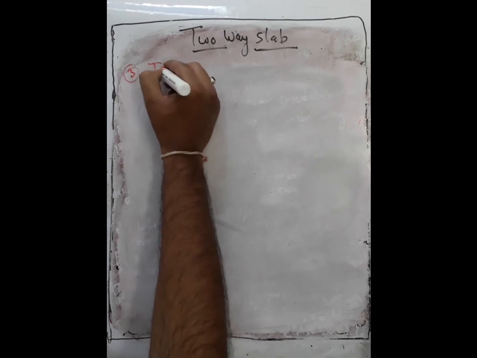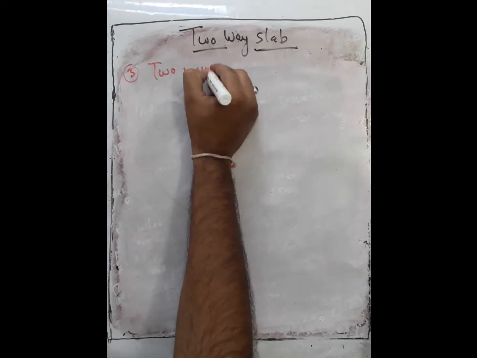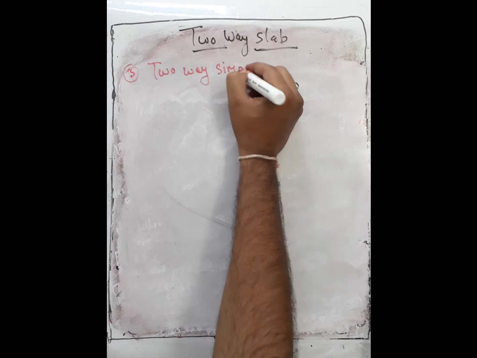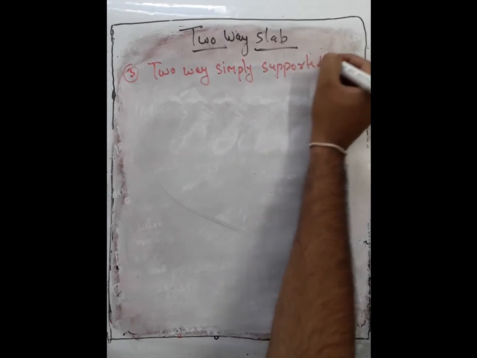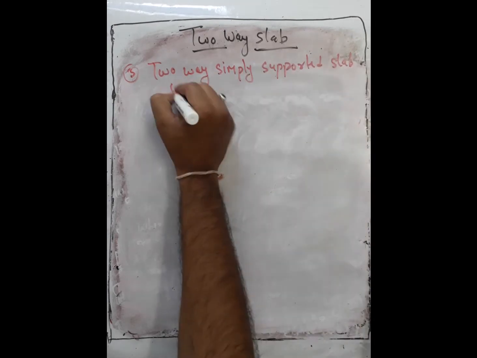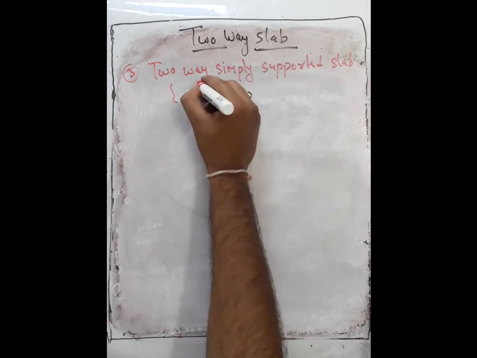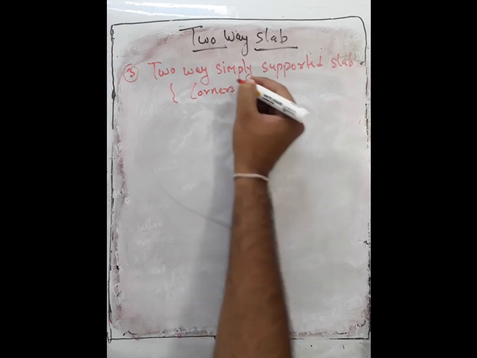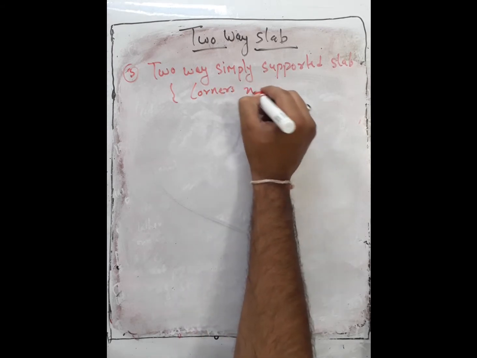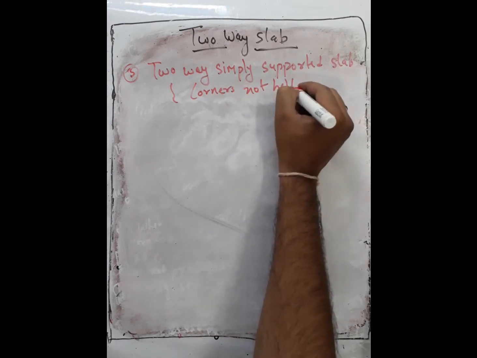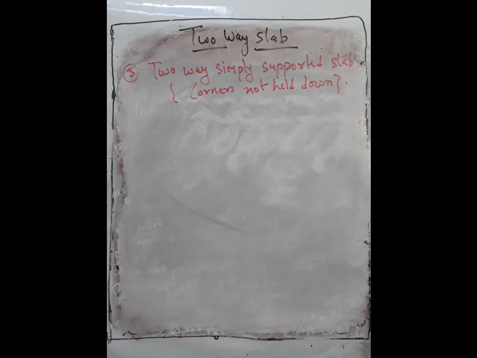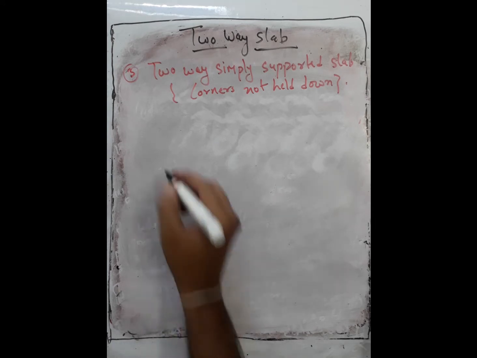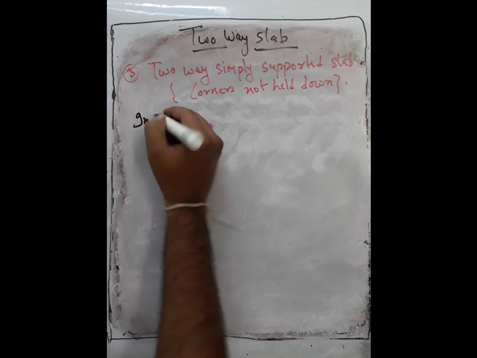Third, two-way simply supported slab, in bracket you write corners are not held down. Okay, so write some sentences.